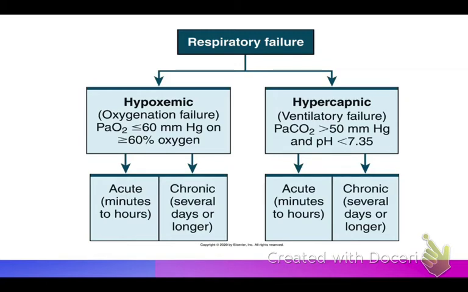Same parameters, PaO2 less than or equal to 60 on greater than 60% oxygen delivery. Your hypercapnic is your ventilatory failure. Your PaCO2 is greater than 50, and your pH is less than 7.35. So that is someone that's acidotic. This can be acute or it can be chronic, so keep that in mind. Both of them can be acute or chronic.